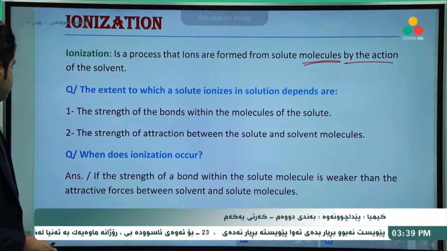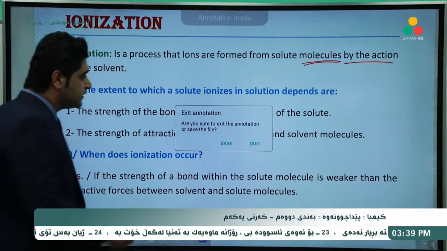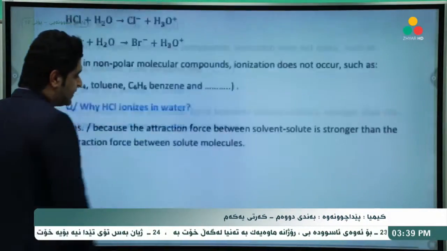So I prefer to make a distinction between ionization and dissociation. Ionization and dissociation. Okay? Here, I'll make a distinction between the ionization and the dissociation.